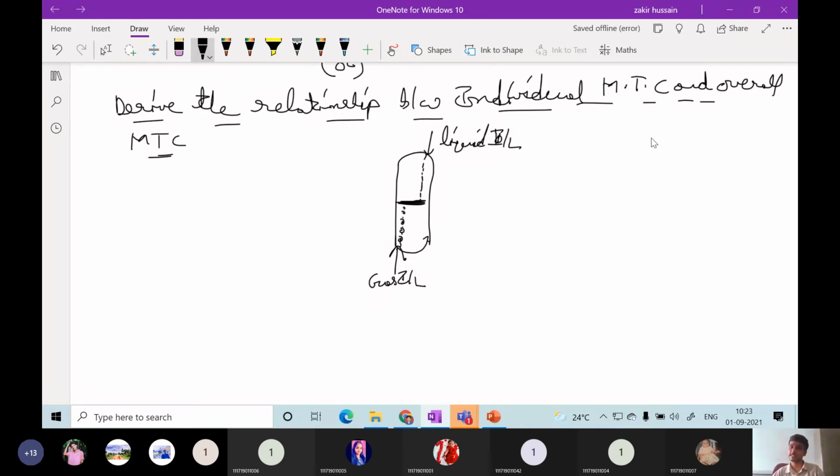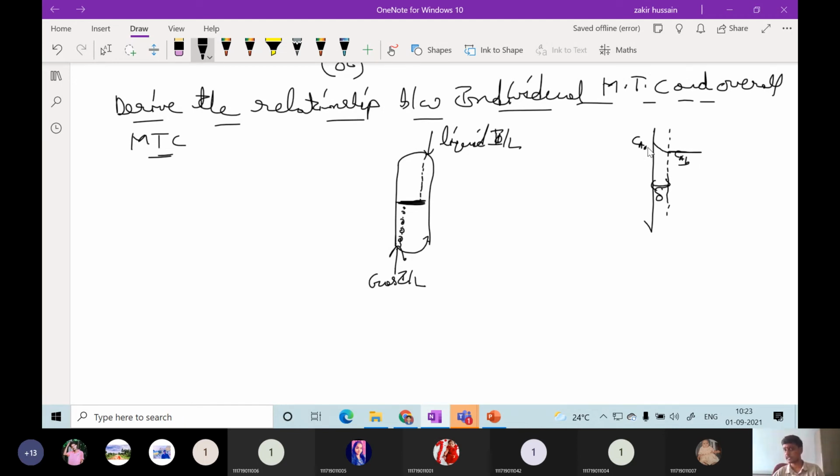According to film theory, if there is a surface, a thin film will be formed with a thickness of delta. Throughout this film, mass transfer takes place from CA0 to CAb, and after this film the concentration will be the same.